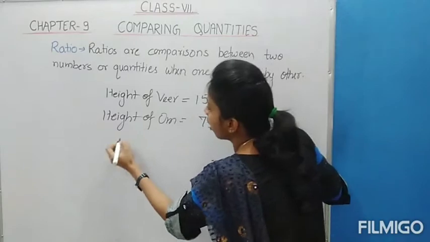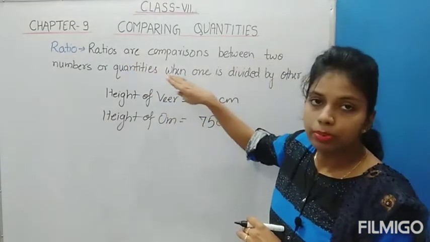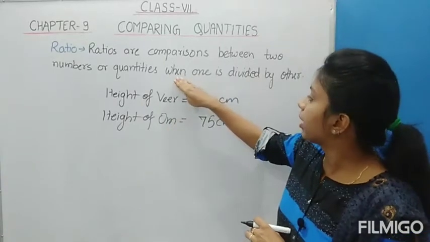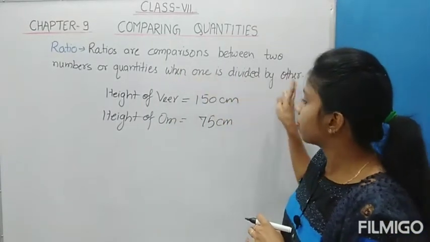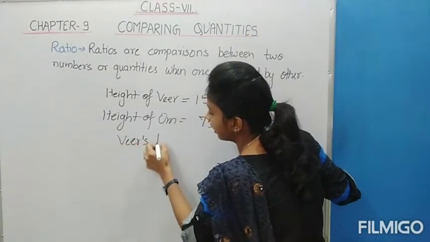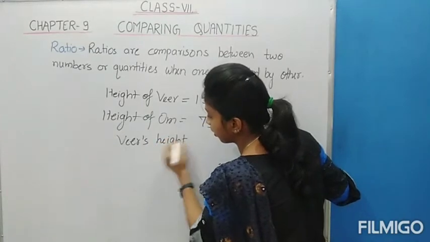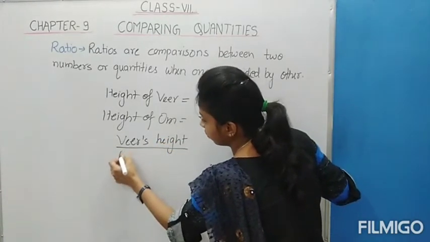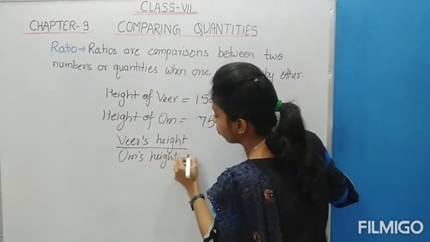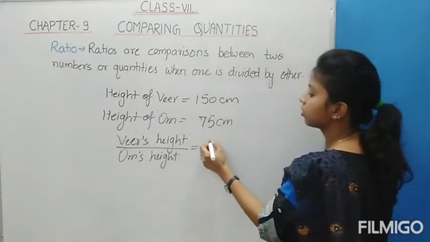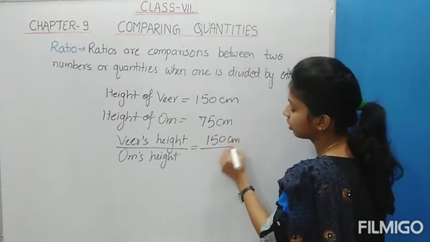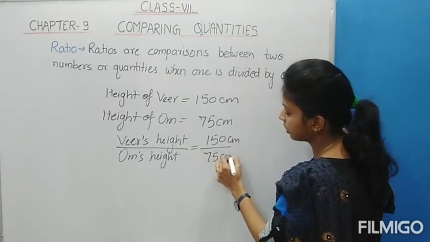Of course, we know that with the help of ratio we can compare any two quantities, by dividing one by the other. Suppose I take Veer's height divided by Om's height. Veer's height is 150 centimeter and Om's height is 75 centimeter.